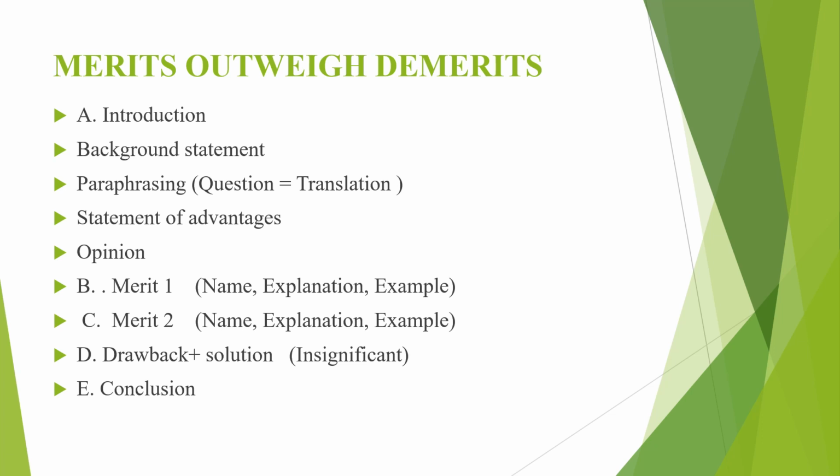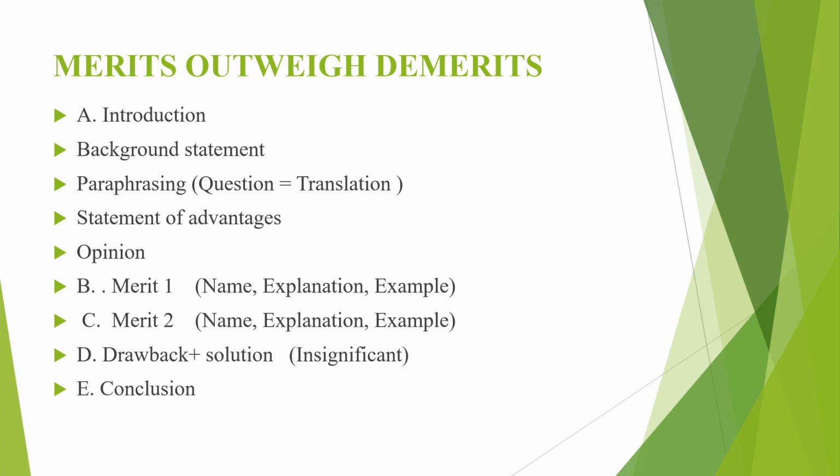The next paragraph should be related to the drawback and the solution as well, which is the insignificant point. So again, the last paragraph is related to the conclusion. So overall, in the merits outweigh demerits type of essay, we have the introduction paragraph, we have merit 1, merit 2. Although we are discussing merit 1 and merit 2 in two separate paragraphs, you can mention them in a single paragraph as well.